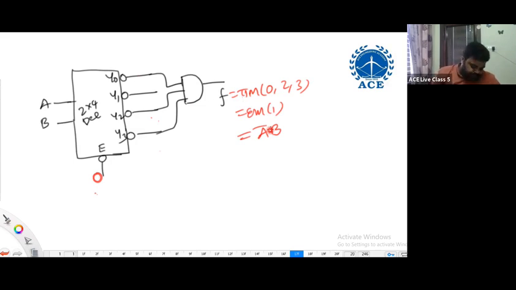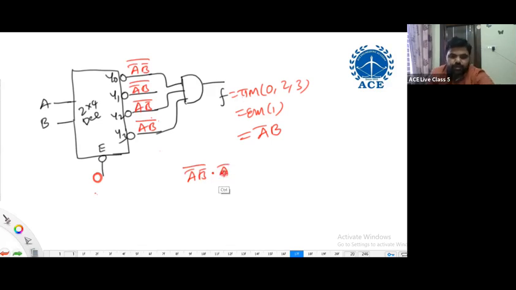Any questions? If you are not accepting that, let us see what can be done. Output here is A bar B bar whole bar. Here A bar B whole bar. Here A B bar whole bar. Here A B whole bar. Then what we get here? It is equal to the AND of A bar B bar whole bar, A bar B whole bar, A B bar whole bar and A B whole bar.